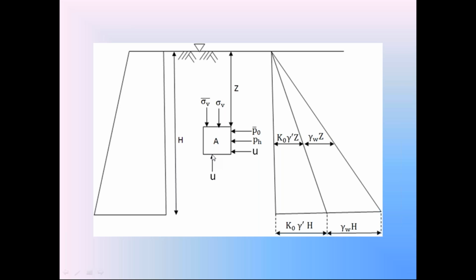Then according to Terzaghi, the effective normal stress sigma V dash acting on the soil element is equal to sigma V minus U.